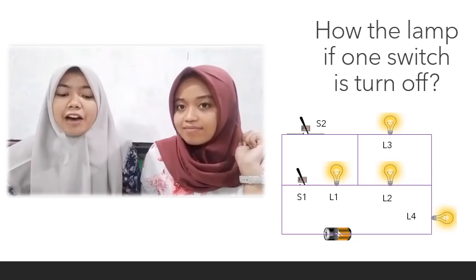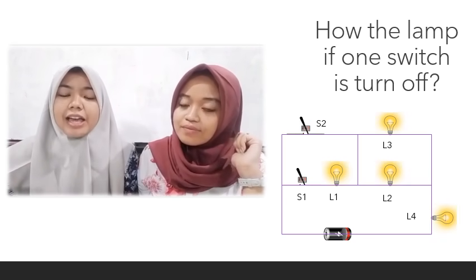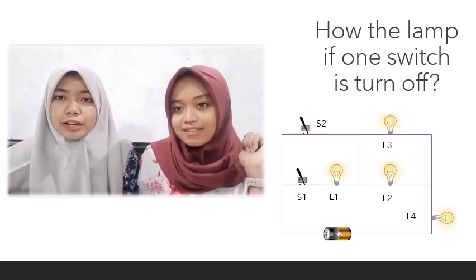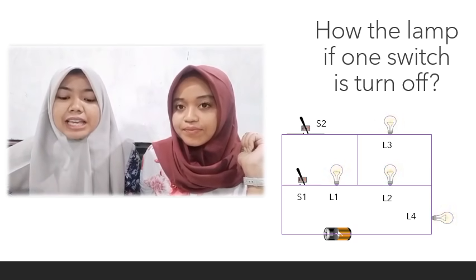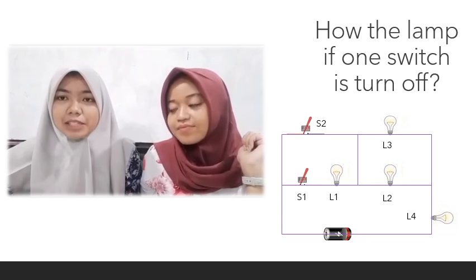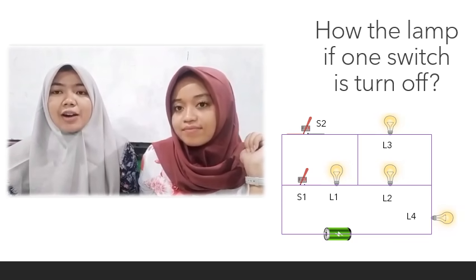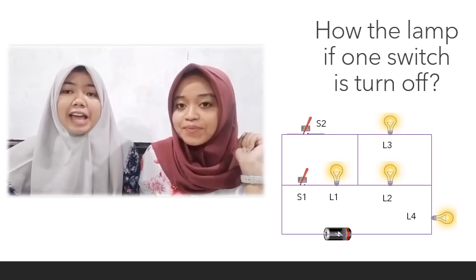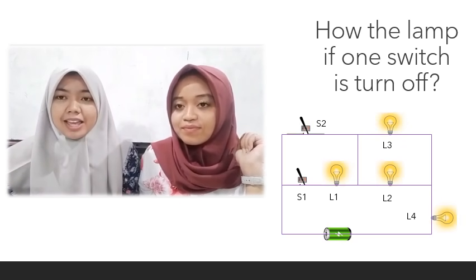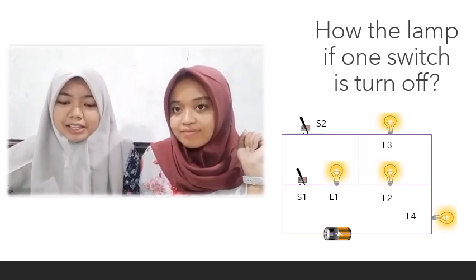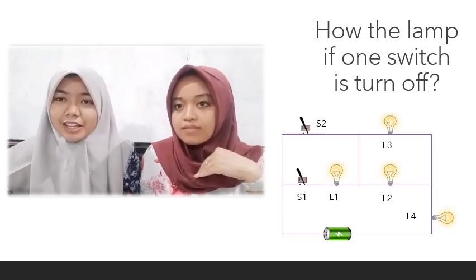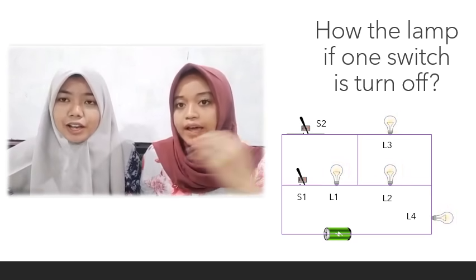After lamp 1, the current flows to lamp 2. The current does not flow through lamp 3 because the current does not go around to lamp 3. From lamp 2, the current will flow again to lamp 4.